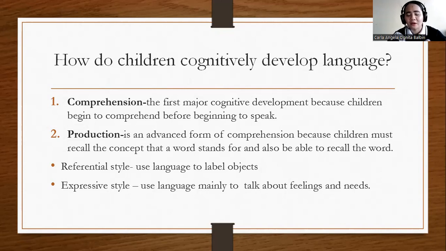When we say referential style, children use language or vocabulary to refer to things. They try to label the objects and the people, and they try to structure their speech to be understood. They actually tend to interact more with adults than with peers.